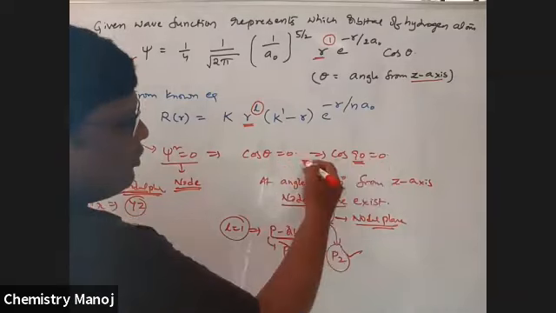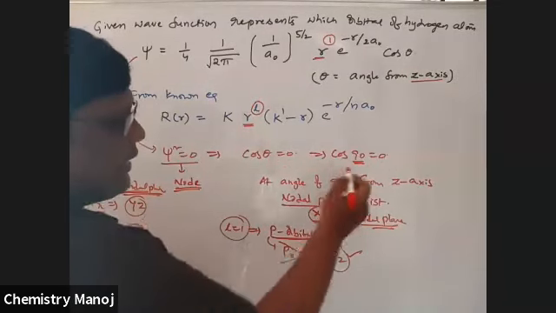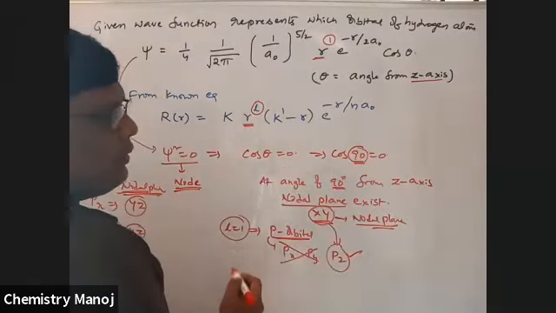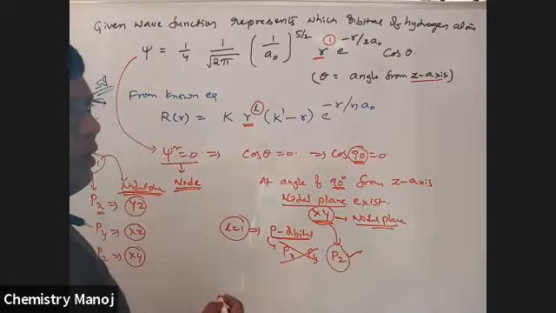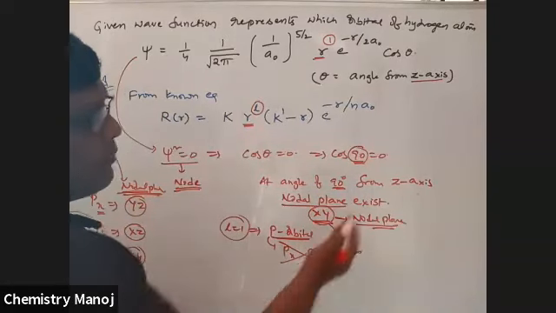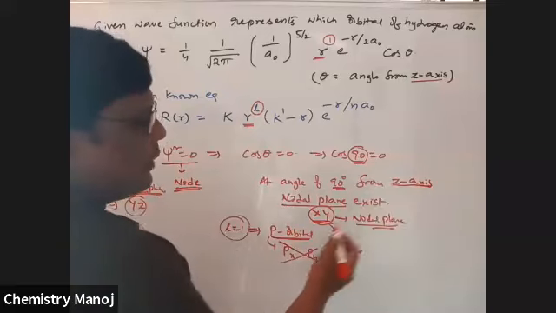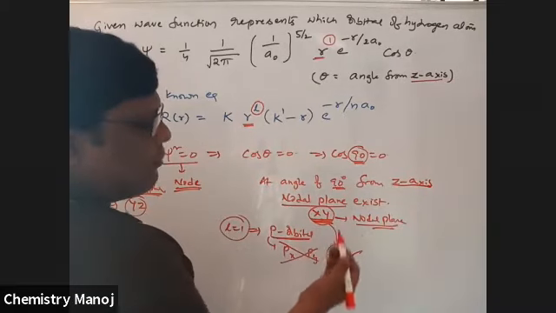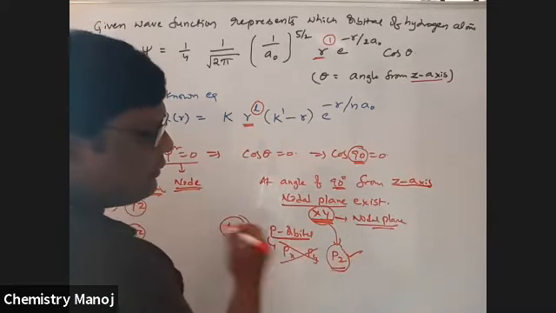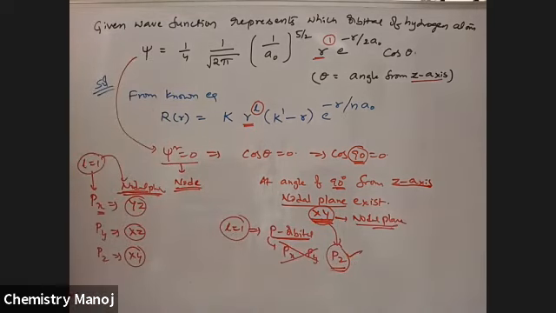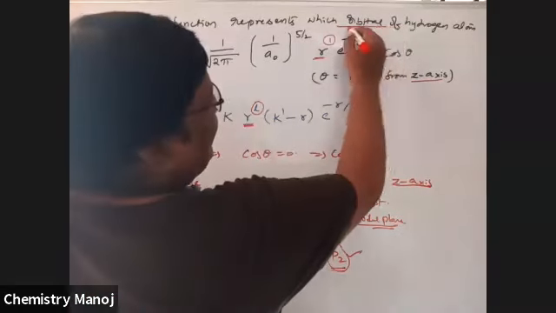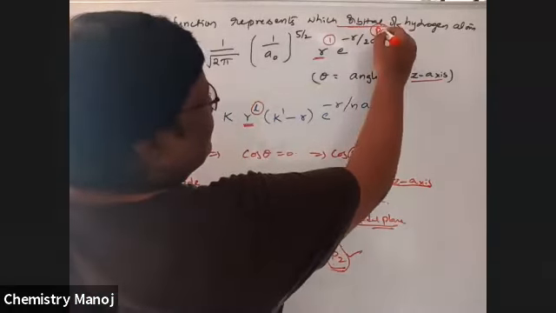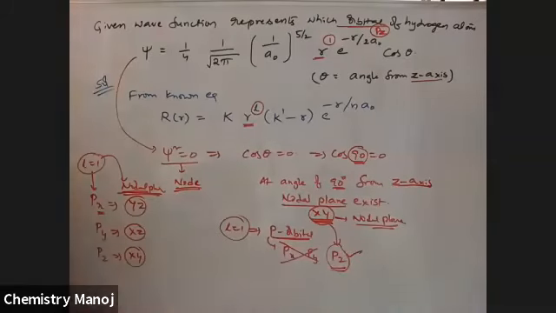Because cos theta is equal to 0, that is 90 degrees, there is a nodal plane at an angle of 90 degrees with respect to the Z axis. That plane should be the xy plane, which is available only for the pz orbital, not for px and py. Therefore, the orbital is a pz orbital.